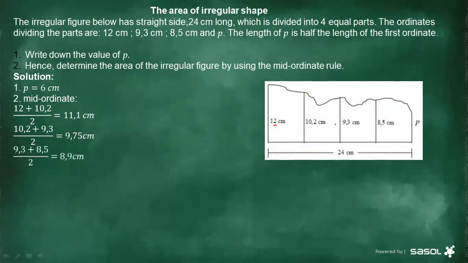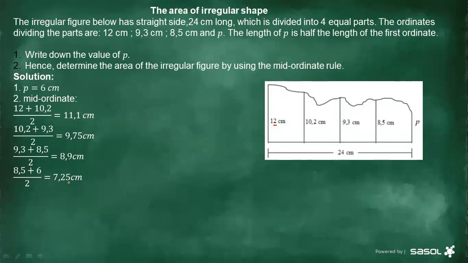And then you take the third and the fourth, 9.3 plus 8.5 divided by 2, it gives us 8.9 centimeters. Then you take the fourth and the fifth, which is 8.5 plus 6 over 2, it gives us 7.25.